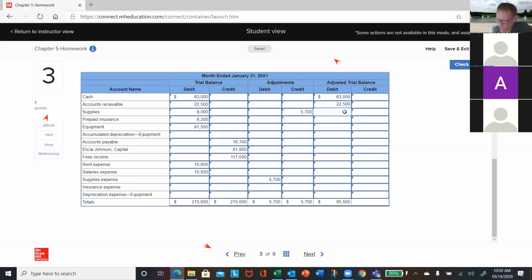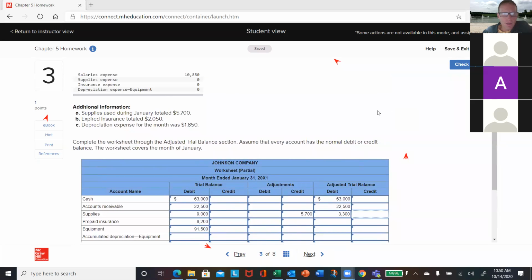That gives you 3,300 for the supplies balance. I just want to make sure I show you this so you see that you take the 9,000, subtract out the 5,700, and then put that new balance into your adjusted trial balance column. And you'll do that for all of these.